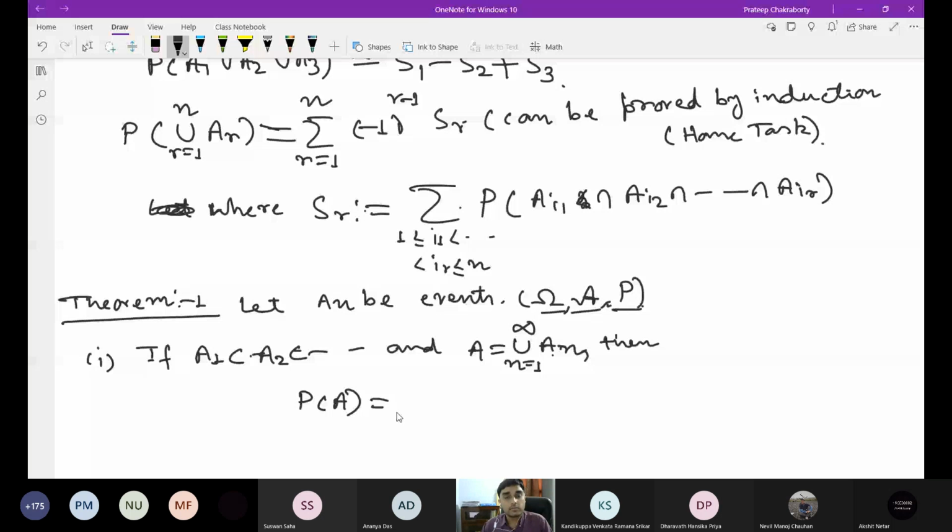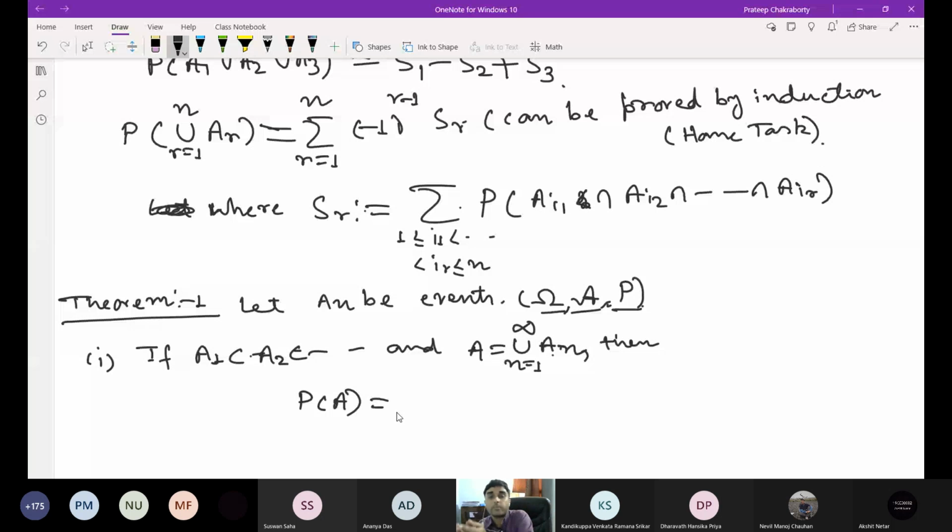A1 subset of A2 subset of A3, and this goes on, each previous set being a subset of the next, and A is the union of the An. Then what will be P of A? It is like continuity: some variables are going near a point.